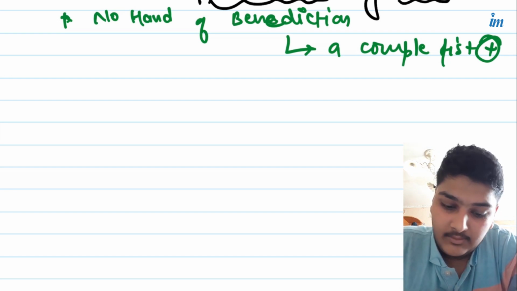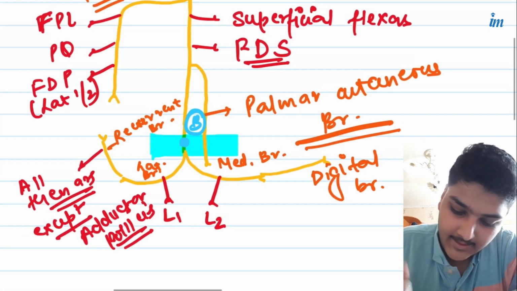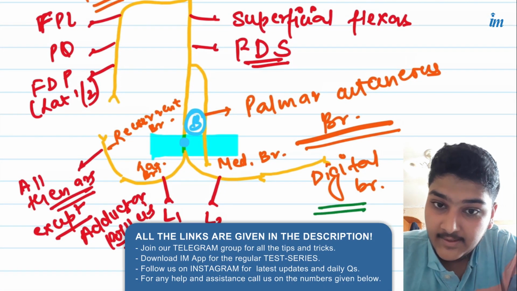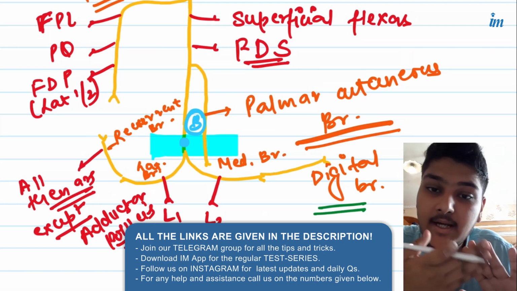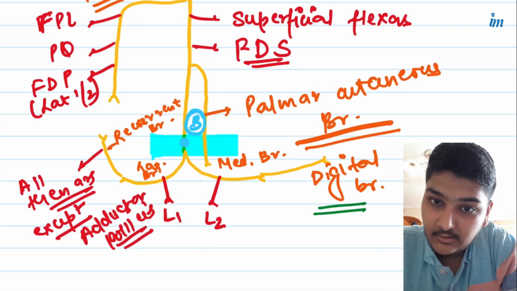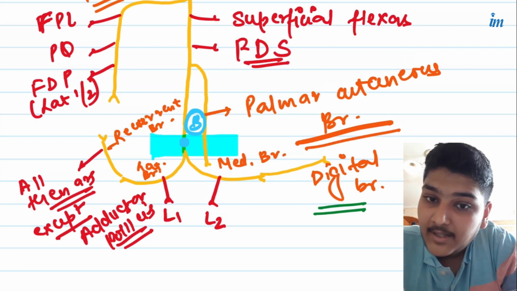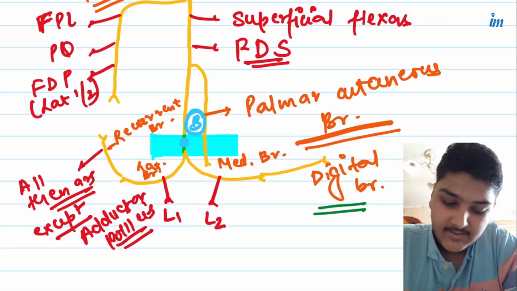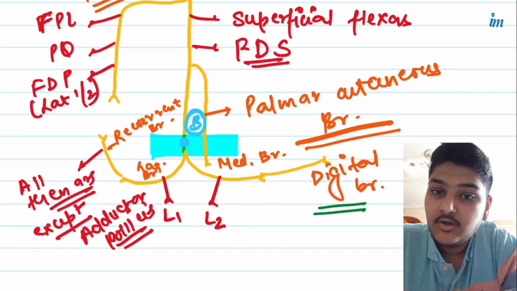Now, what will be the manifestation? Since your digital branch is gone, there will be no sensation on the lateral 2.5 or 3.5 of your fingers. There will be no sensation on this area because the digital branch is gone, plus your palmar cutaneous branch is spared because it is coming superficial to the retinaculum. Therefore, there will be no sensation loss on the palm.